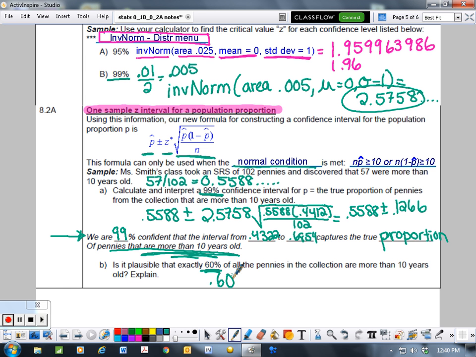And since it is inside this interval of 43% to 68%, then yes, it's plausible. Yes, 60% is in our interval. And there's our problem.